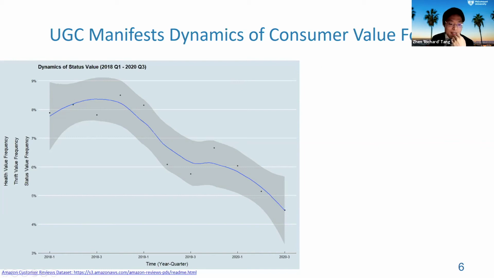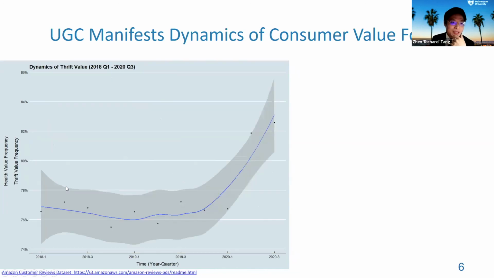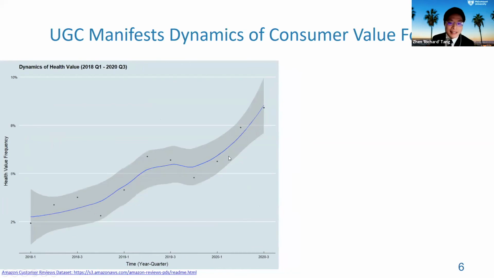Amazon customer review data, which is available here. That is a huge review dataset that covers reviews from 1995 to 2015, so 20 years of data across many different product categories. We just used NLP to measure the frequency of those different values mentioned in the product reviews, and then we plotted the dynamics.